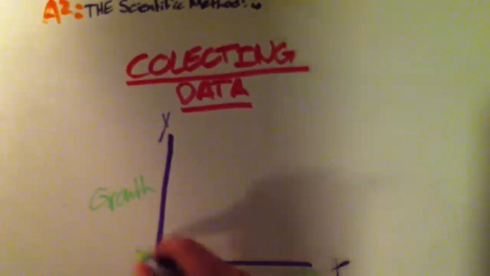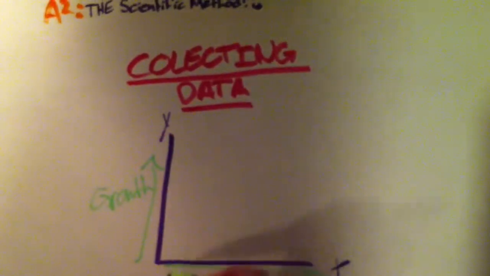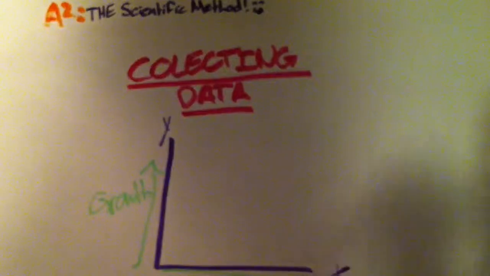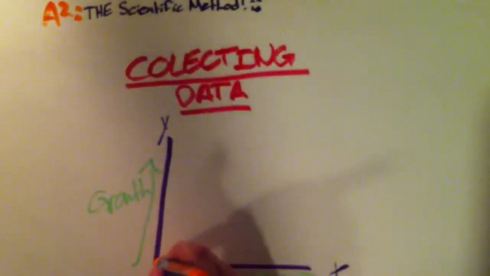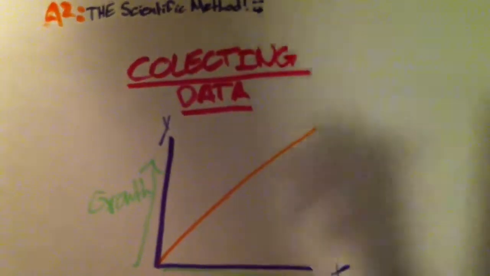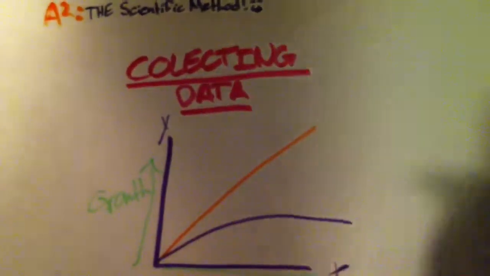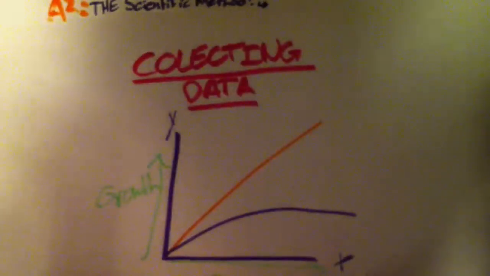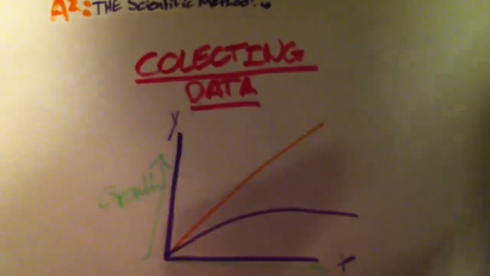So over time, the amount it's grown. We will use orange as the with sun line and purple as the no sun line. So say orange went like that, whereas purple went like that. Just hypothetically speaking, you would have actual numbers.